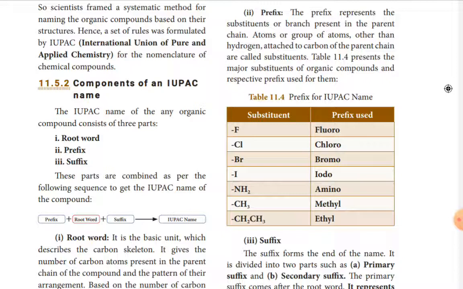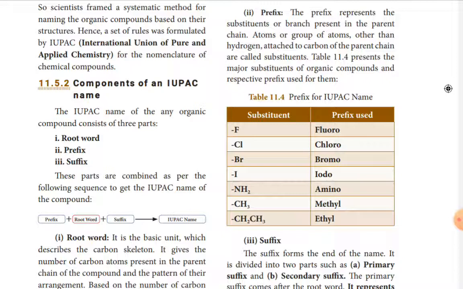The root word is based on the basic unit, that is, the base of the carbon skeleton. How many carbon atoms are present in the given organic compound? Suppose 3 carbon atoms are there, then the root word is prop; 5 is pent, like that, based on the Greek numerals.